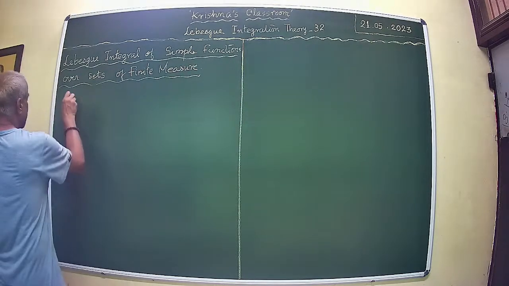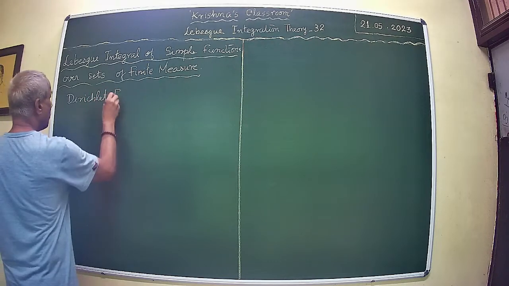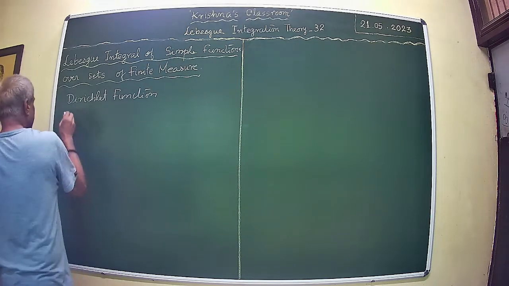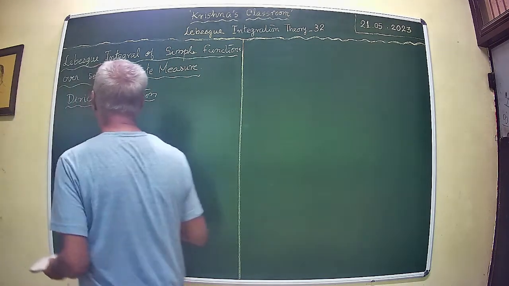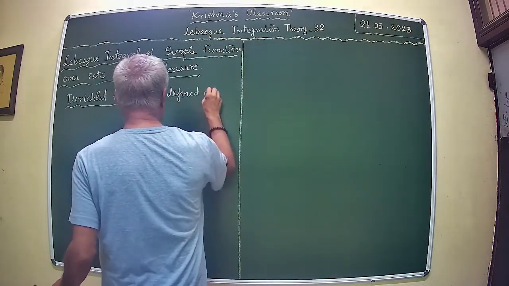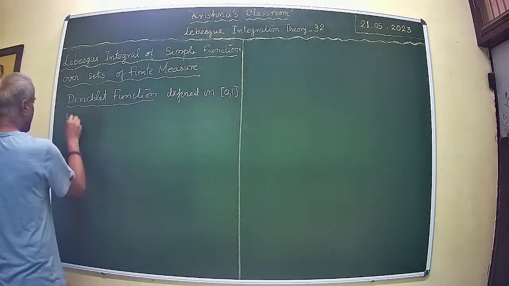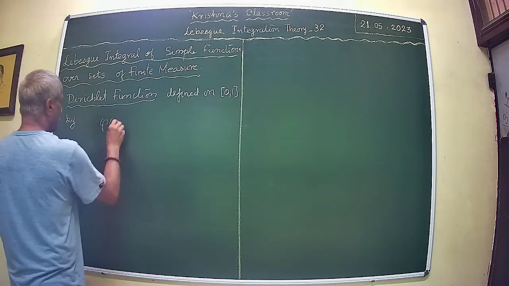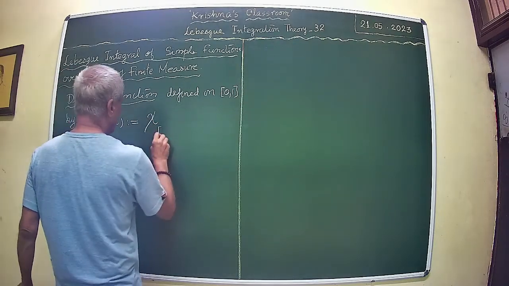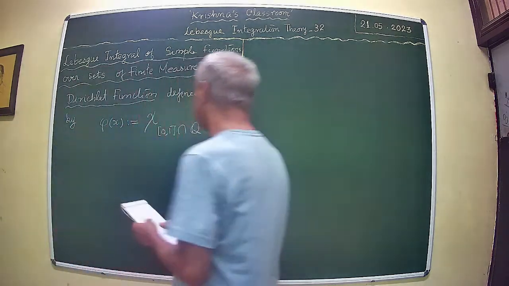So the Dirichlet function is a real valued function defined by the characteristic function of this.